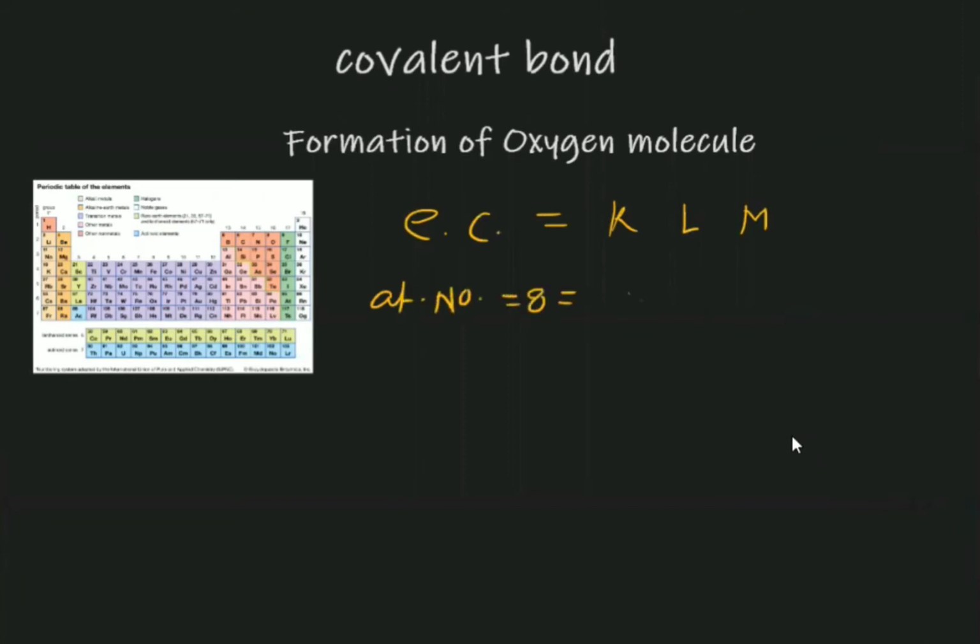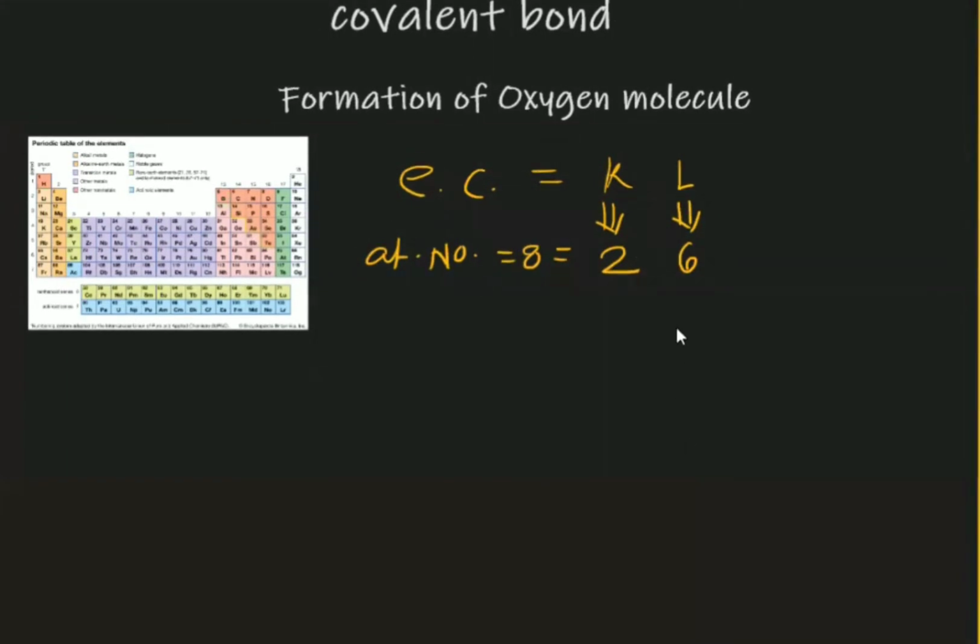It means that the first K shell will have a maximum of 2 electrons and the remaining 6 electrons can be filled in the L shell. So the M shell is not required here. I'm going to remove this shell.